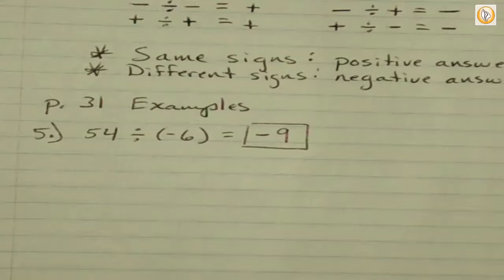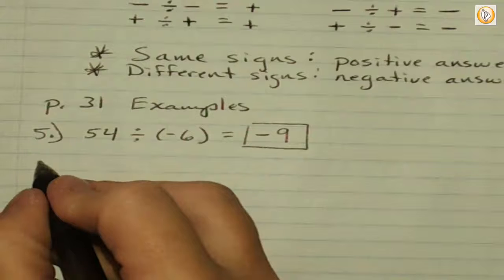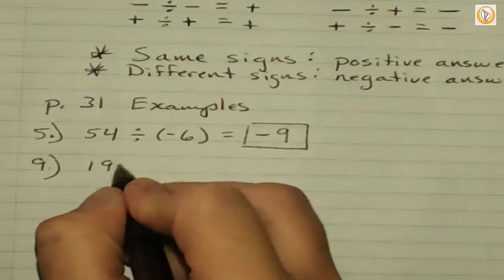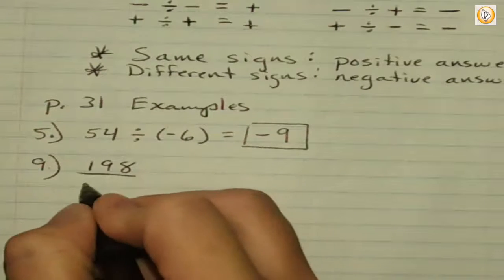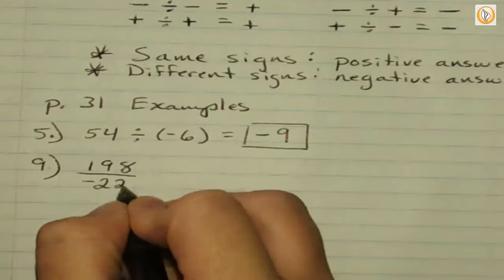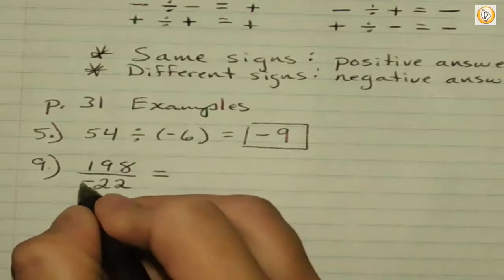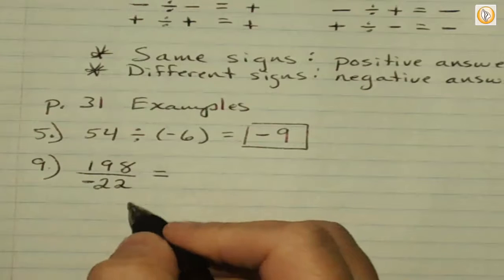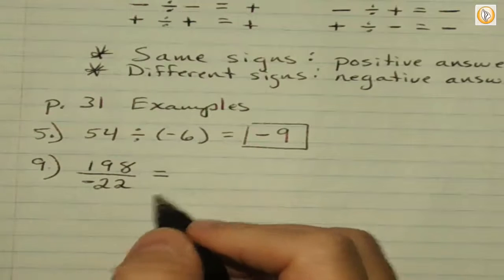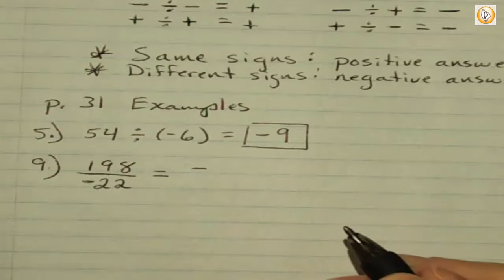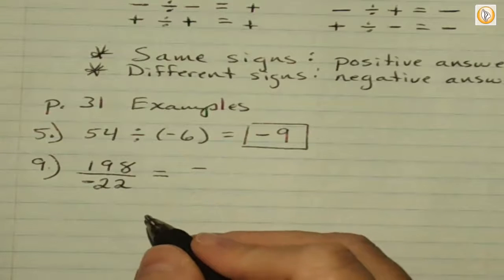All right, let's look at number 9. Emily. 198 divided by -22. So a positive divided by negative is going to give you what kind of an answer? Negative. Very good. Now, you have to sit there on your paper, figure it out.